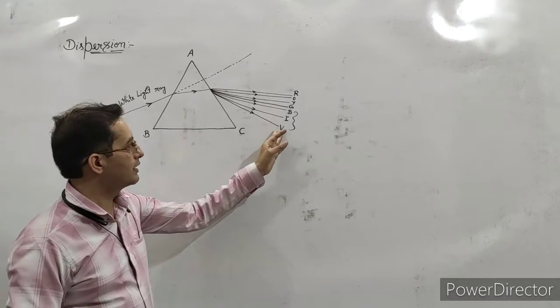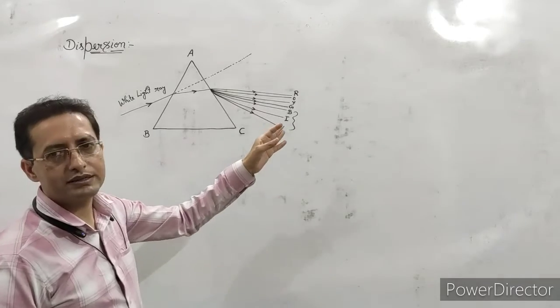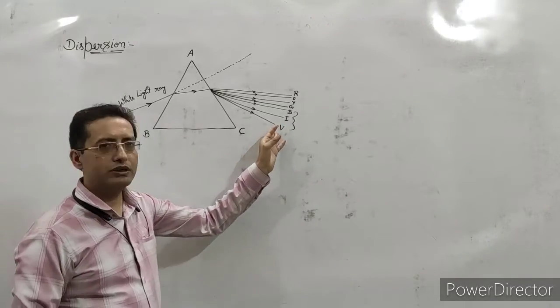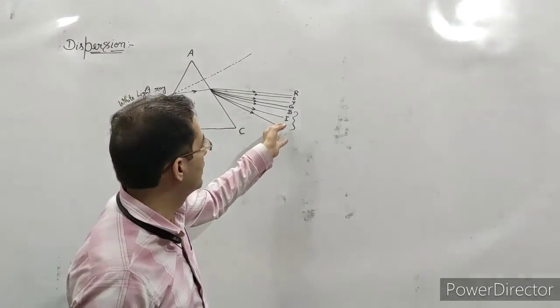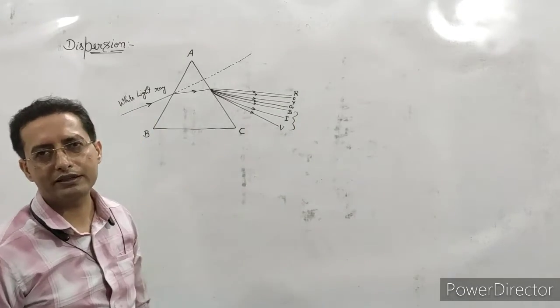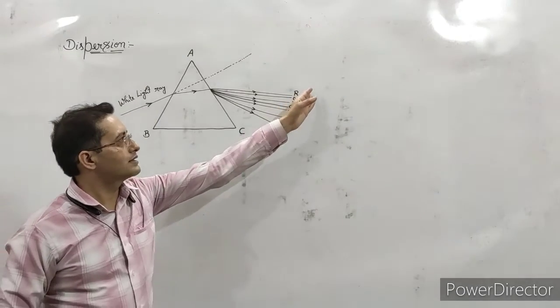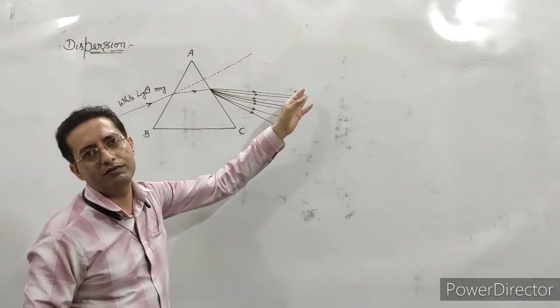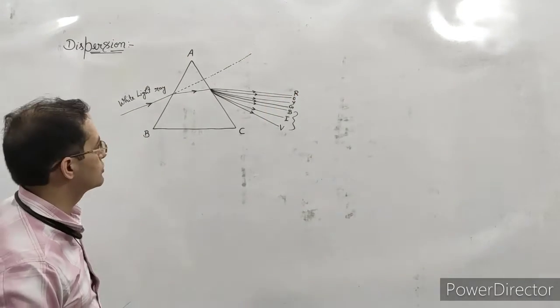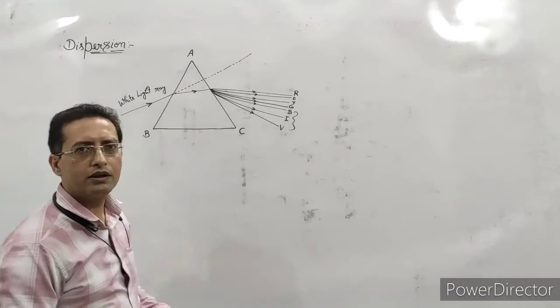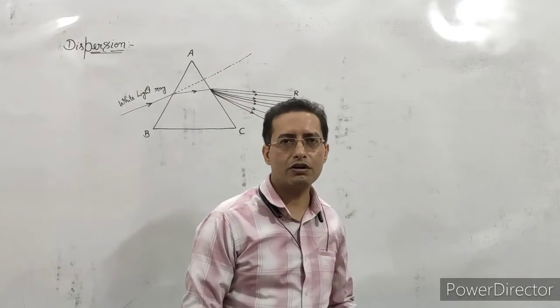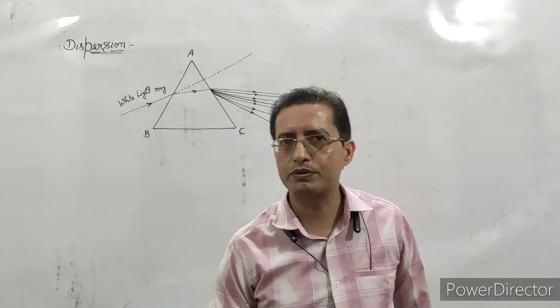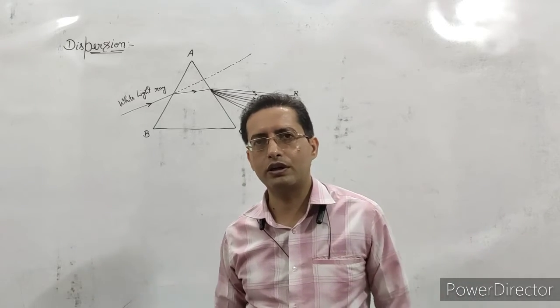So here we can see that the violet has the maximum frequency, so it has the least wavelength, and vice versa for the red color, as it has the maximum wavelength, so it will have the least frequency.